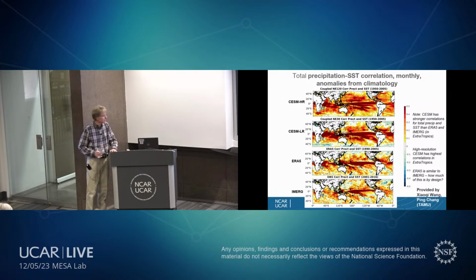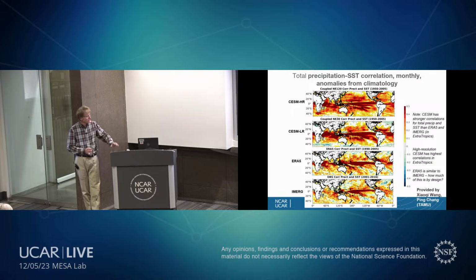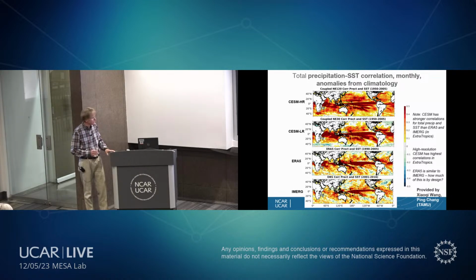Just naturally question things. So having that data set helps. And these co-authors, Xiaoqi Wang and Ping Chang, looked at older data sets like GPCP, and they missed some of this extratropical stuff. They got the tropical stuff okay. So looking at different data sets is very beneficial.